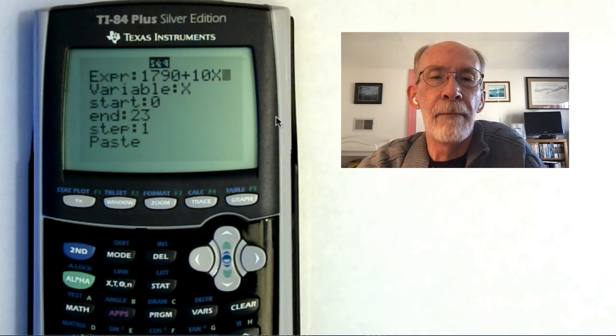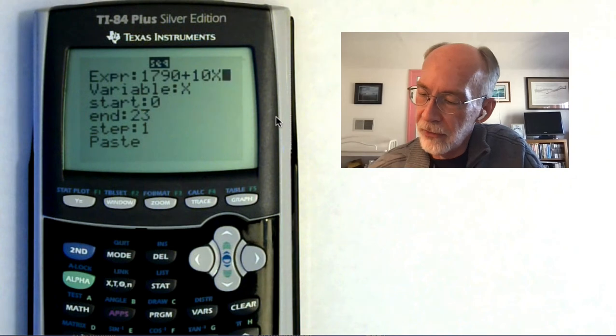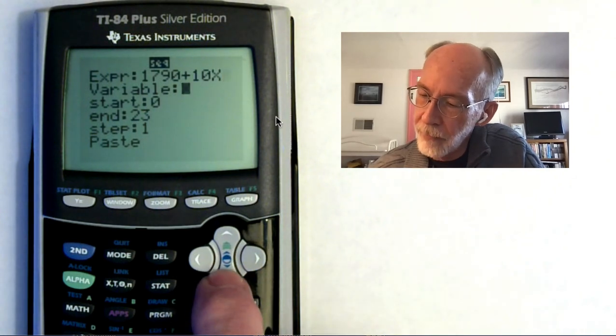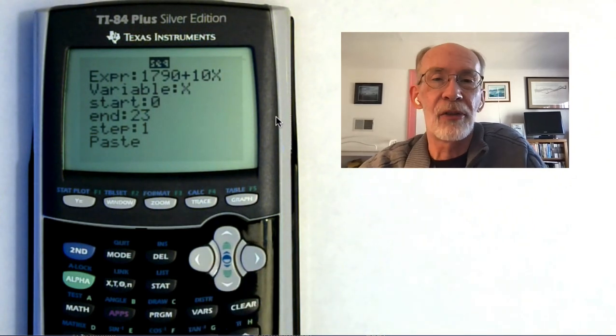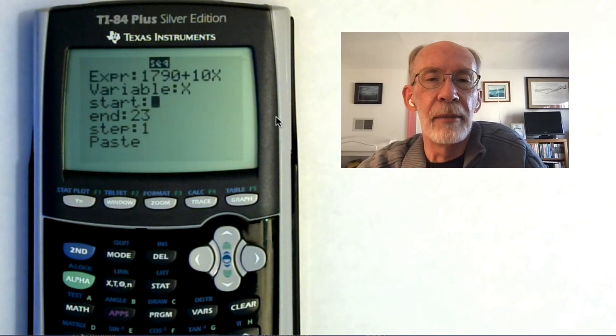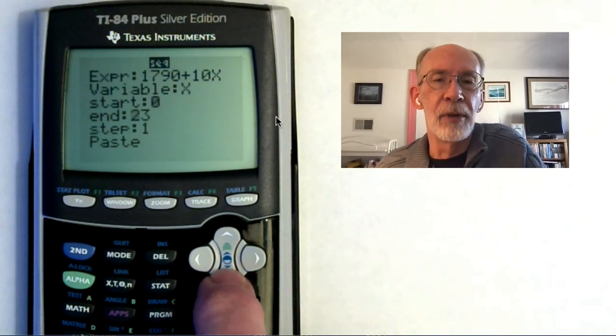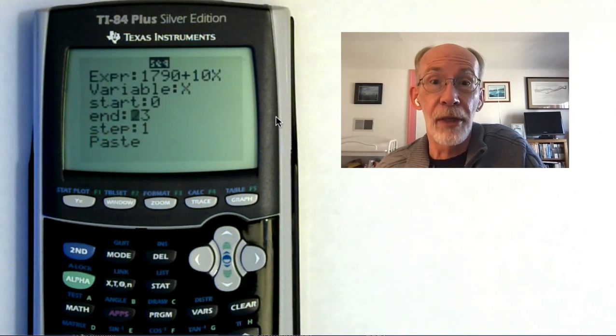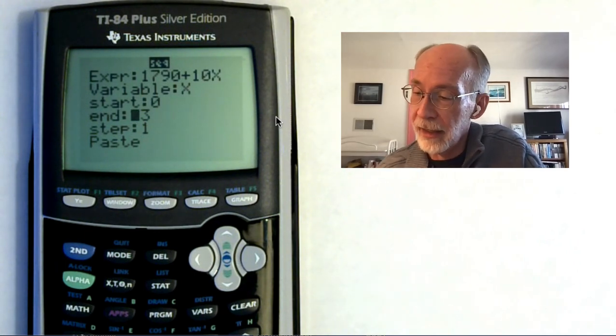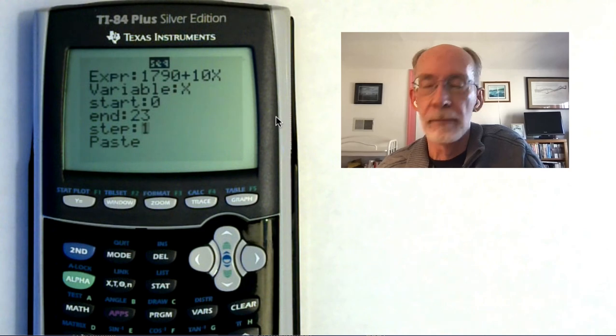Until 2020. I have to declare that the variable is x. I have to say where I'm starting. So I'm starting at 0, because if I started at 1, my first entry in my list would be 1800. And this most recent census is the 23rd census, and I want to click the x's up by 1.